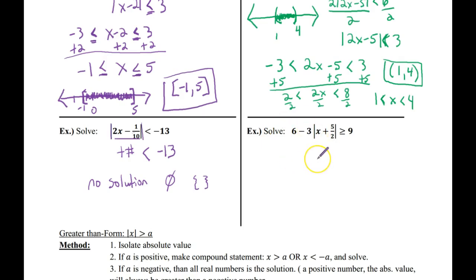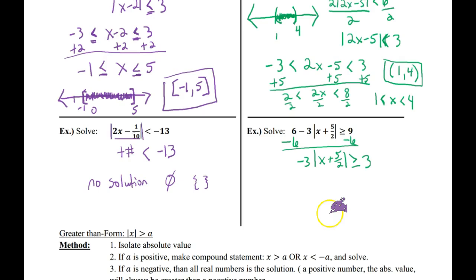Alright, this last one here. Again, I'm not taking 6 minus 3 to start. I need to isolate this absolute value by subtracting 6. So now I have negative 3 times the absolute value of x plus 5 divided by 2 is greater than or equal to 9 minus 6 is positive 3.